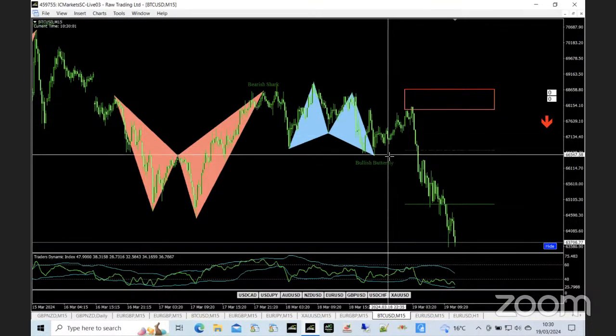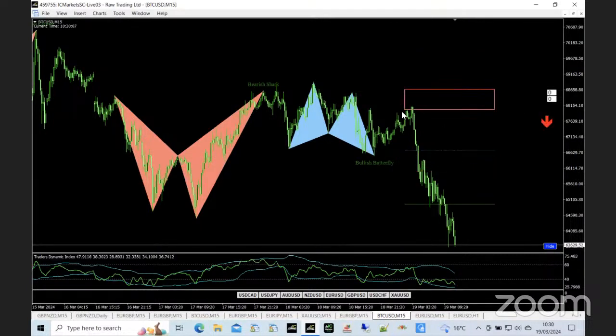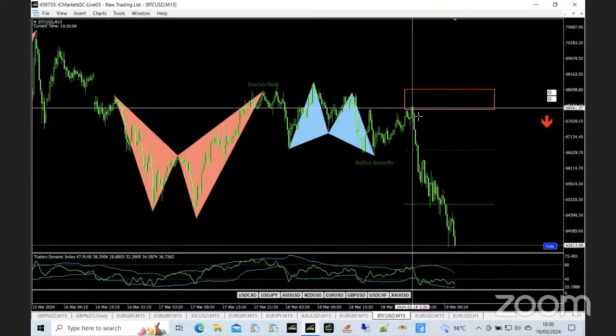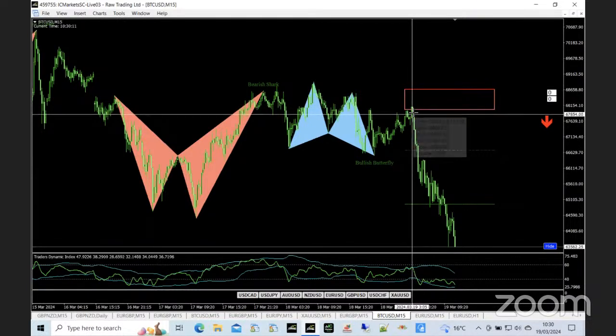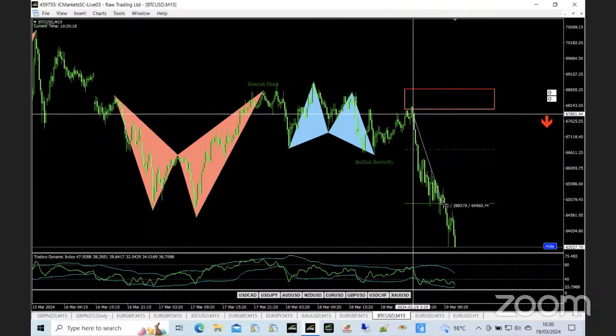If you want to just focus on buying, our buying level would have been this one. But since it came first to the selling level on the BTC USD, and you see it formed this style and it went to the target. So it did the target easily on the BTC USD.